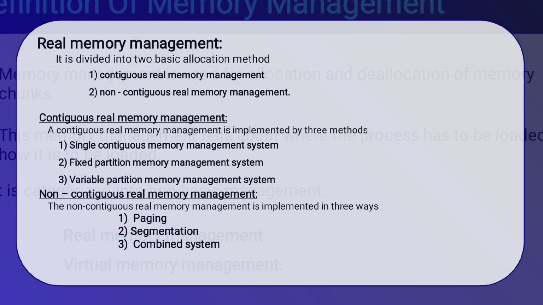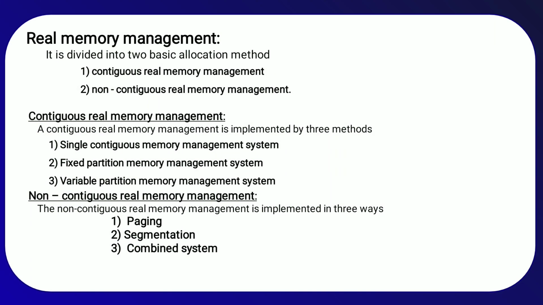Real memory management can be classified into two types: contiguous real memory management and non-contiguous real memory management. Contiguous real memory management can be classified into three types: single contiguous memory management system, fixed partition memory management system, and variable partition memory management system.